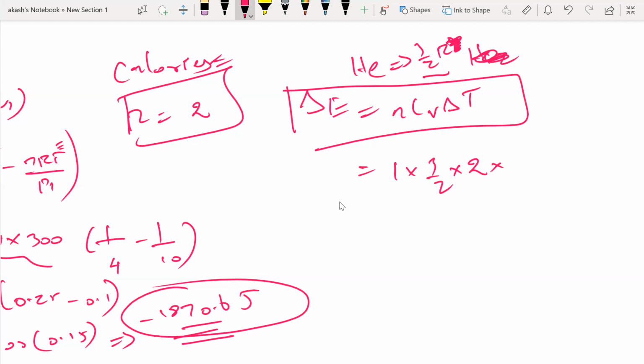The change in temperature is 2 degrees Celsius or 2 Kelvin, doesn't matter. So the 2 gets cancelled, and we have 3 into 2 is 6 calories. That's the answer to this question.